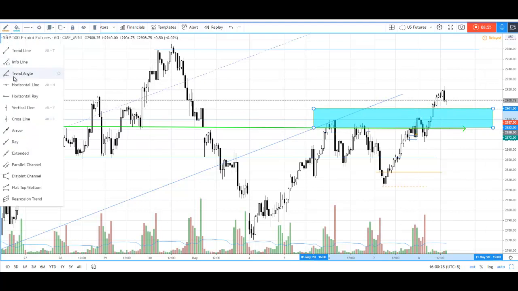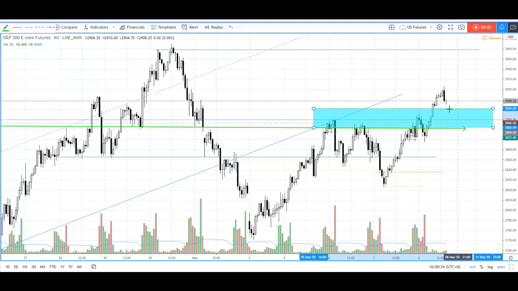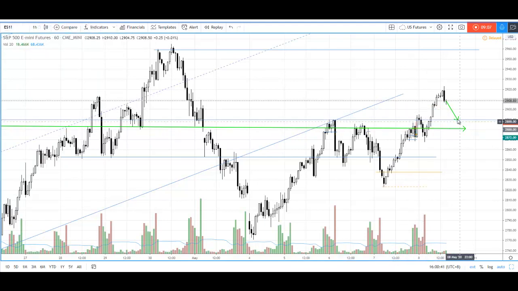So the potential trade that I'm anticipating is something like this, having a pullback to somewhere around here, and then we have a reversal up. Then this is where we can initiate our long entry.